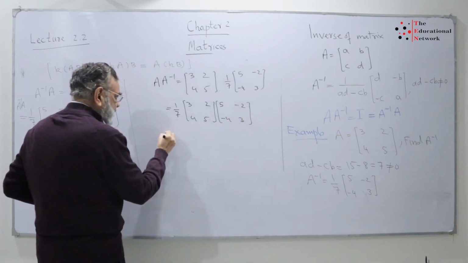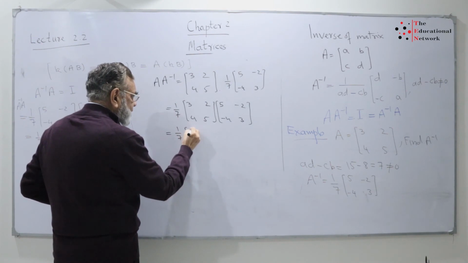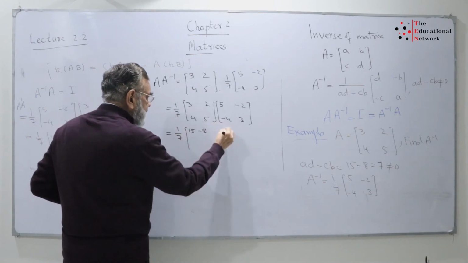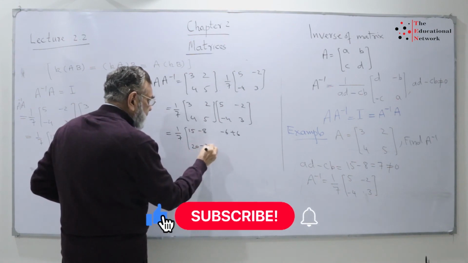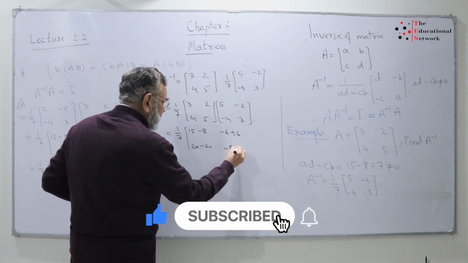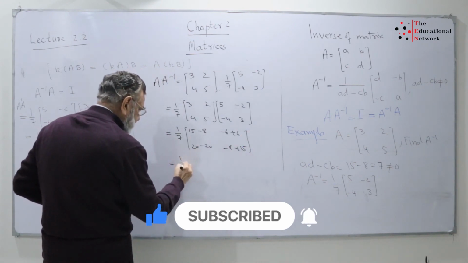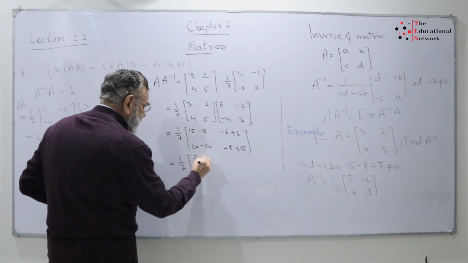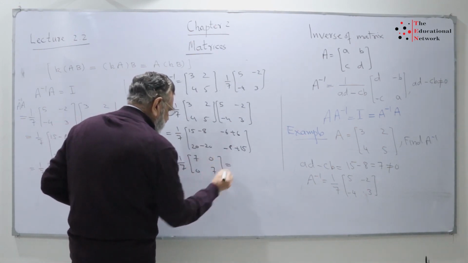So 1 upon 7 is out. We get 15 minus 8, then minus 6 plus 6, then 20 minus 20, and minus 8 plus 15. We simplify this one and get 1 upon 7 times 7, 0, 0, 7. Multiply 1 upon 7, the scalar, with each entry.